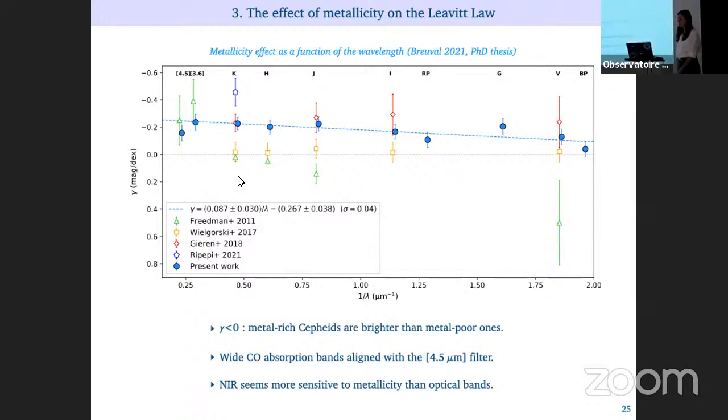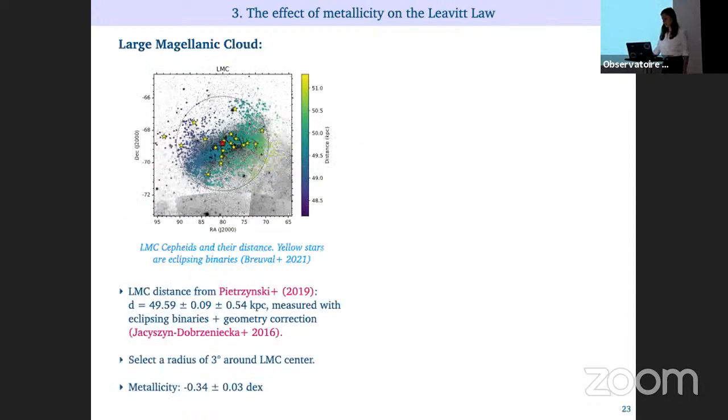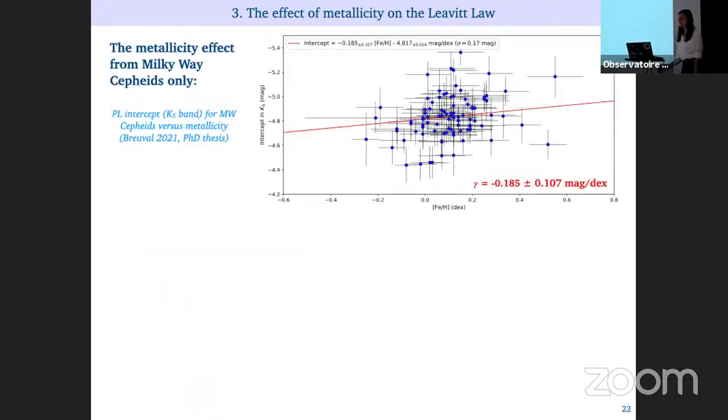Okay, so what I have done in my thesis, when I just use the Milky Way, this is the precision I obtain on the metallicity effect, but from the current distances from Gaia and the current metallicities.